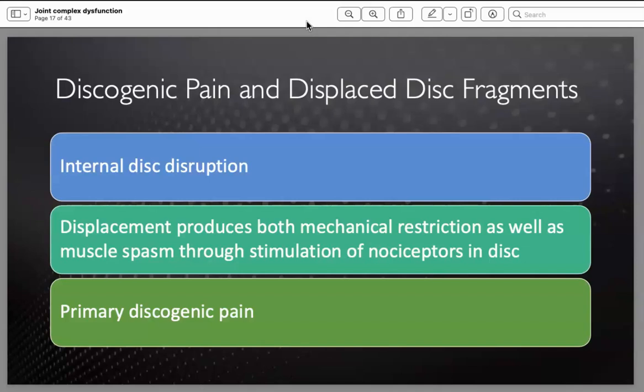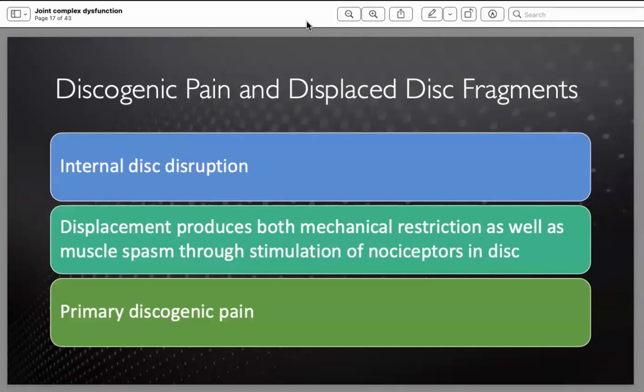We're talking about maybe annular tears, some sort of disc fragment that might be causing a slight herniation, but it might not be causing a herniation as well. That displacement of that tissue is not perfectly smooth and causing that cushion for our vertebral column.